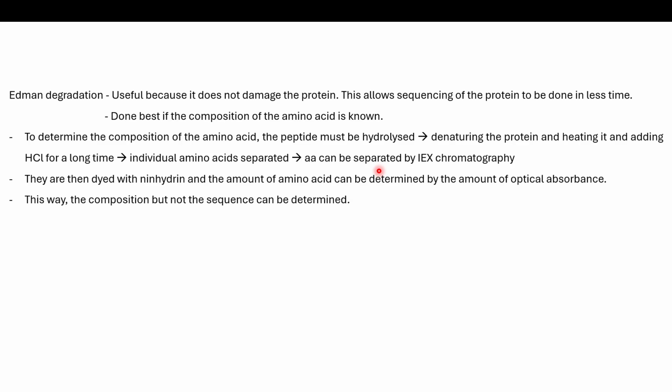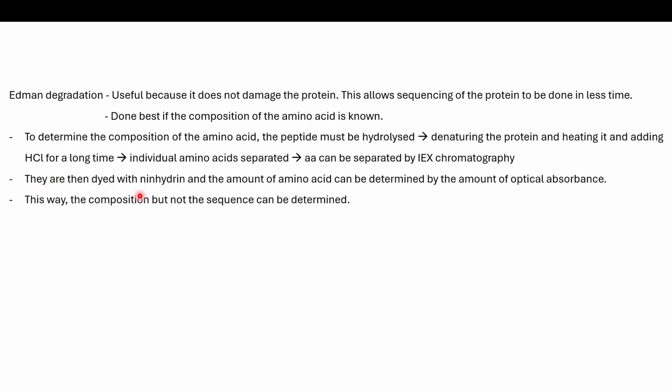Based on that, the amino acids can eventually take up a net charge based on what is the pH of the surrounding medium, right? So we can play around with the pH of the medium and separate them by ion exchange chromatography.